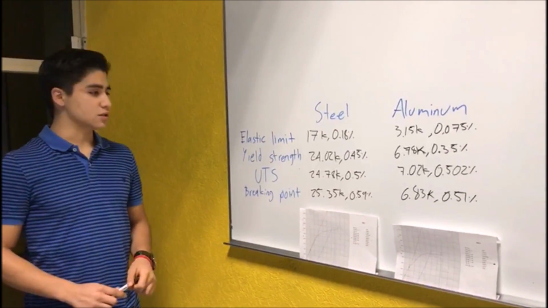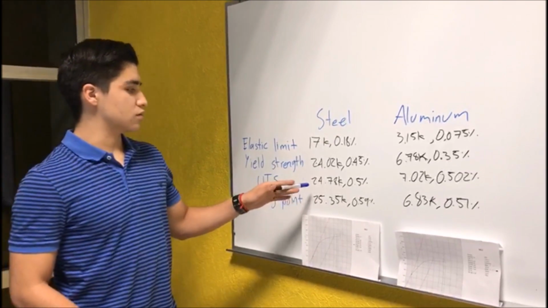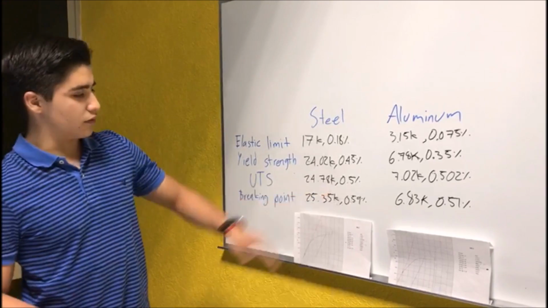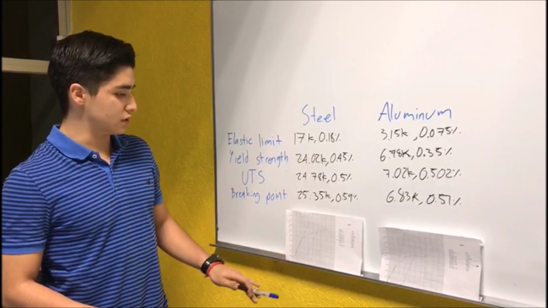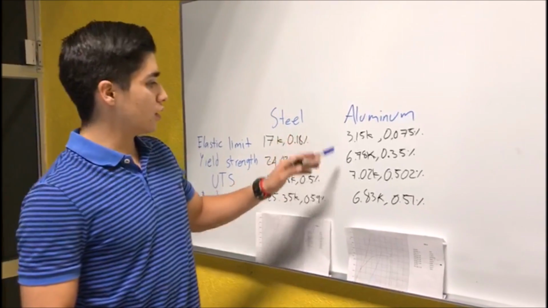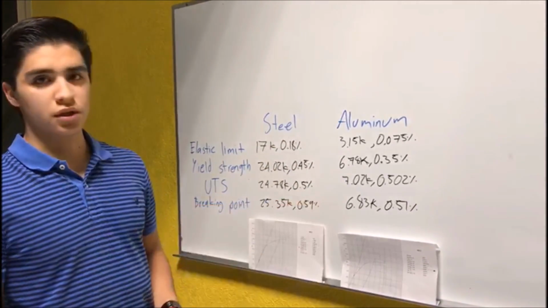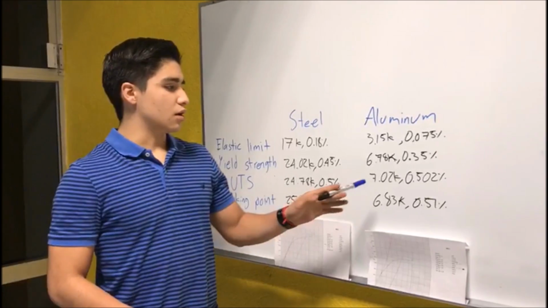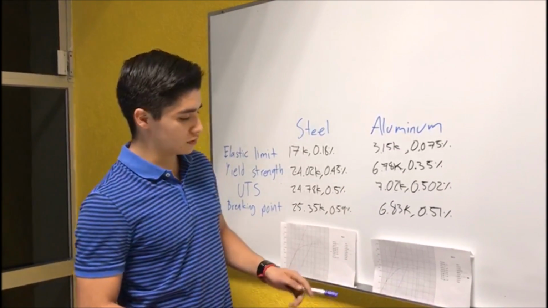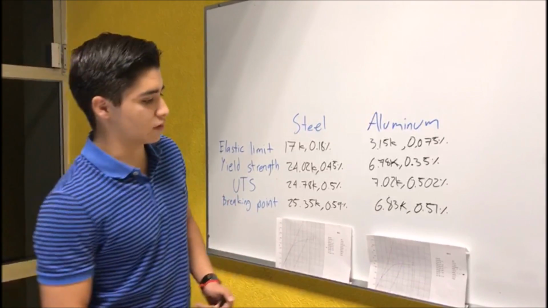The ultimate tensile stress in the steel was 24.78K of load and 0.5% of the strain, in the green one. And the aluminum was at 7.02K of load and 0.502% of strain, same in the green.